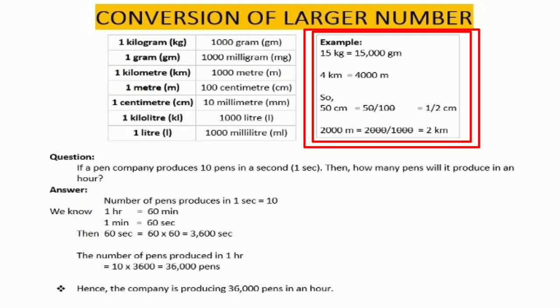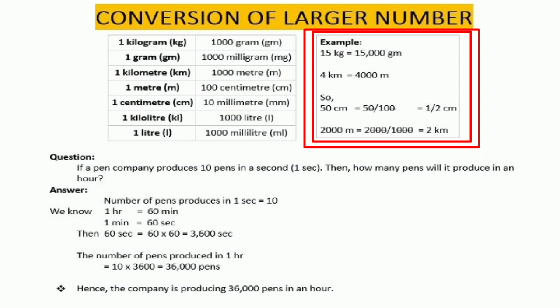To understand this, let us take some examples. We know 1 kilogram is equal to 1000 gram, so 15 kilogram is equal to 15,000 gram. We know 1 kilometer is equal to 1000 meters, so 4 kilometers is equal to 4000 meters. Similarly, we know 1 meter is equal to 100 centimeters, so 1 centimeter is equal to 1 by 100 meter.